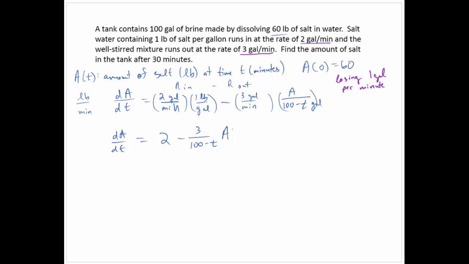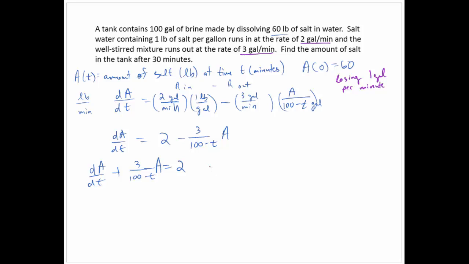Let me put it into the form we're used to seeing. dA/dt plus 3 over 100 minus t times A is equal to 2. All right, so now we have to find that integrating factor. And I forgot the A here. Sorry, there should be an A there.